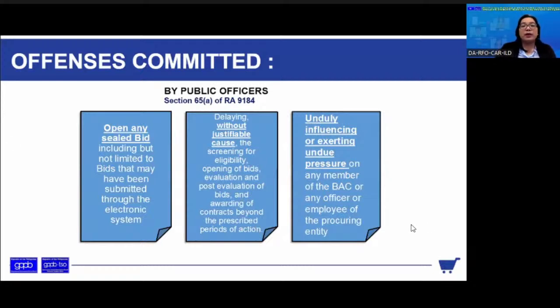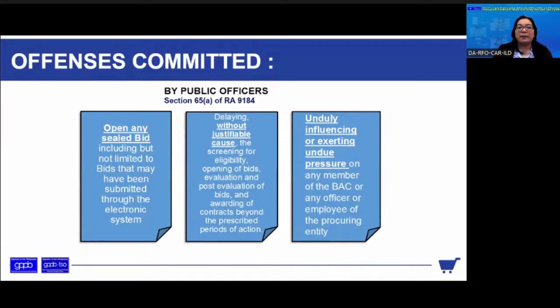The next one would be unduly influencing or exerting undue pressure on any member of the BAC or any official or any employee of the procuring entity. So ito parang namimilit siya, no? Minsan nananakot pa. Minsan sasabihin pa nila na otherwise cases will be filed against you, no? May ganun pa sila minsan based on experience, no?